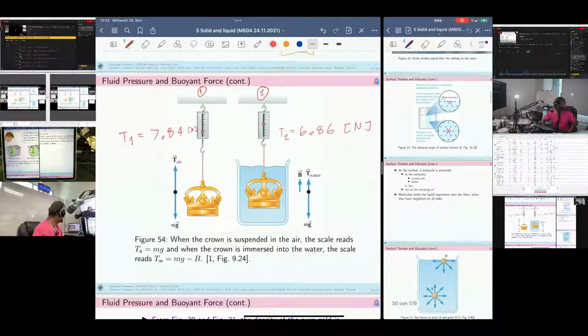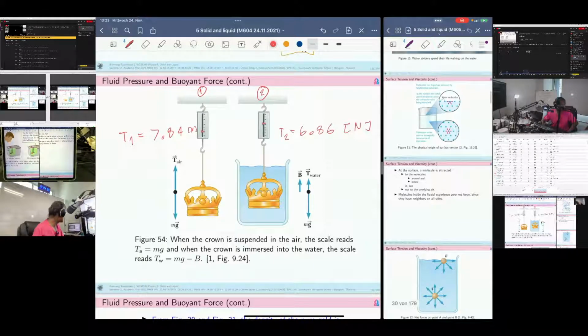So we have to look for whether rho of gold equals the rho, the density, of the crown or not. Let's check whether this equality holds true or not in this situation, right?